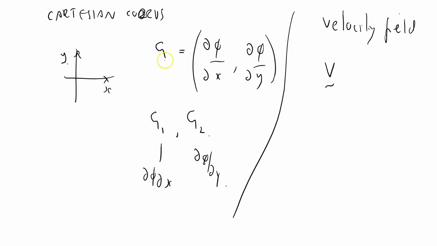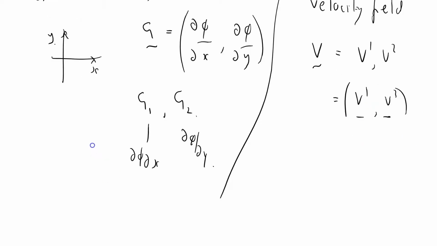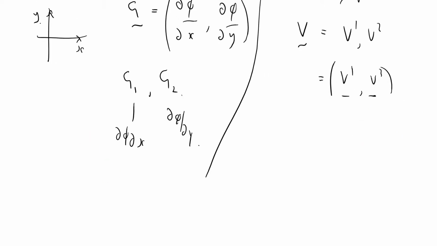V, that's a gradient, I guess, which equals V1, V2. That's just V1, V2. It's the directions of the components of the velocity field.